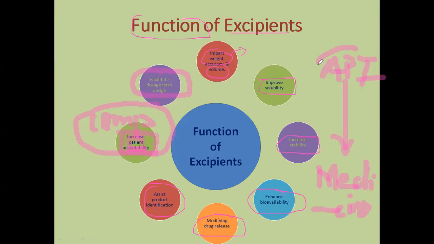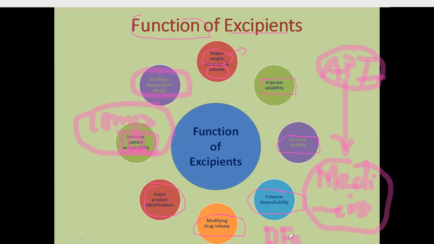Now tell me, what do medicines mean? These medicines are dosage forms. So which are those dosage forms? These dosage forms can be your tablet, capsule, emulsion, suspension, anything. Do you find that we always give the drug as it is?